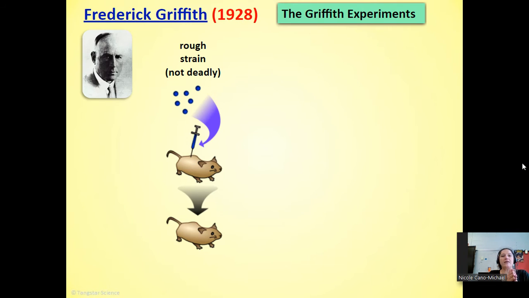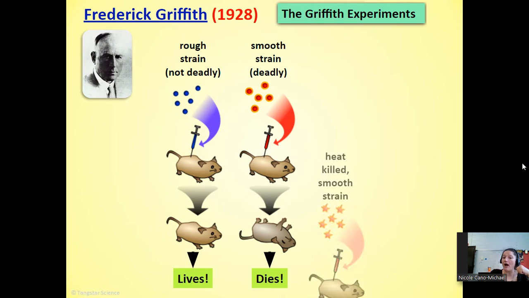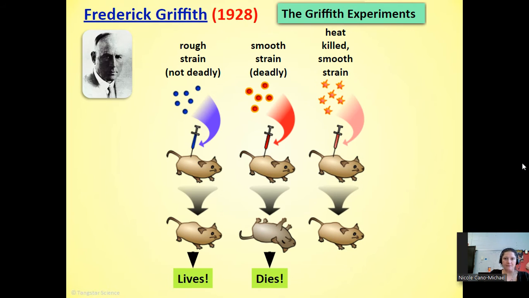It's not deadly. And big surprise, the mouse lives. His second test, he took the smooth strain, which was the very virulent, deadly version, injected it into the mice, and big surprise, the mouse died.